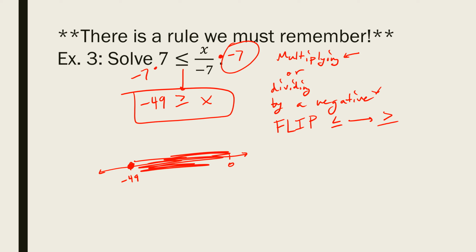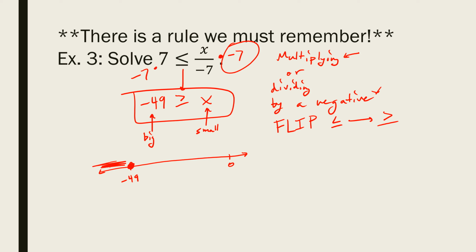Even though you would think a greater than sign always goes to the right, think about what's going on here. Isn't x smaller than -49? Based on this sign, it's telling me that -49 is the big one, and x is the small one, and small numbers aren't to the right.